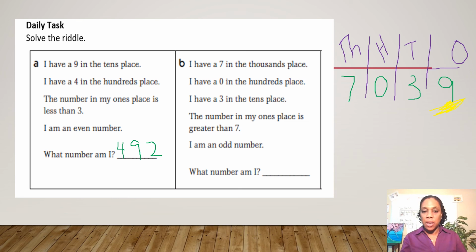So out of the numbers 8 and 9, I had to ask myself which one is the odd number. And I know odd numbers don't have a partner. So an odd number would have to be the number 9. So my answer for this part would be 7,039.